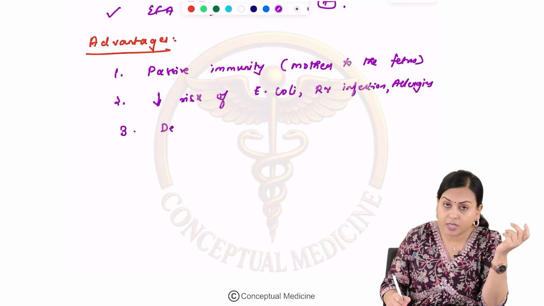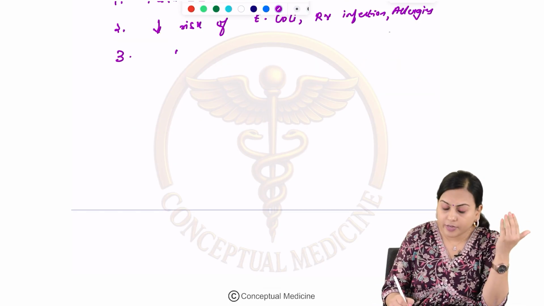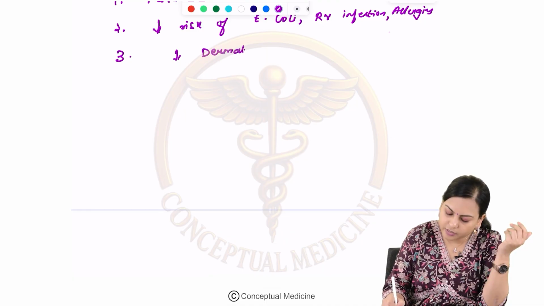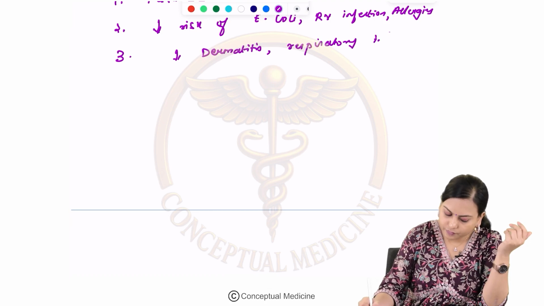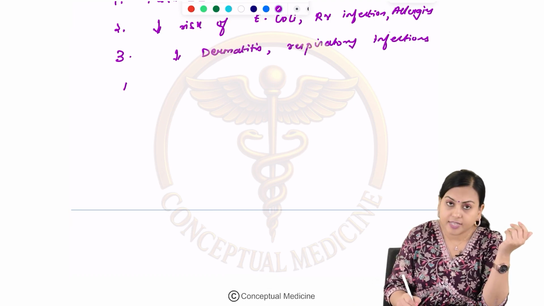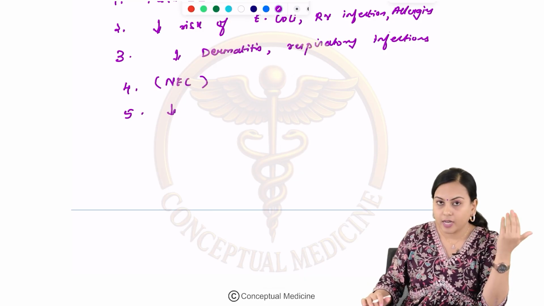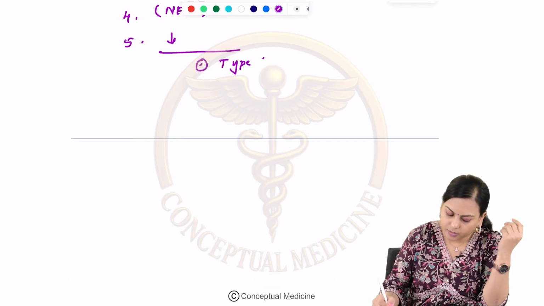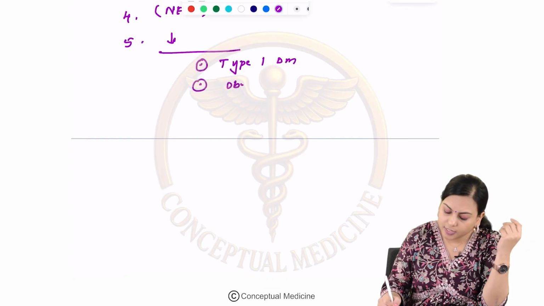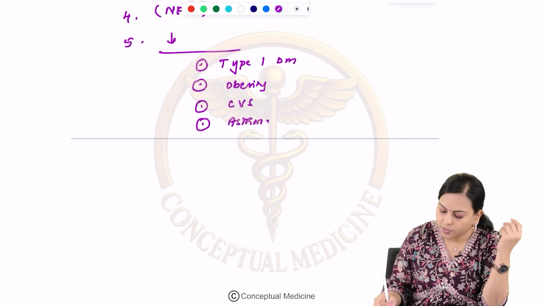There is also reduced risk of dermatitis and other respiratory infections. It protects against necrotizing enterocolitis, and in the adult age group there is a reduction of type 1 diabetes mellitus, obesity, cardiovascular disorders, asthma as well as allergies. Clear?